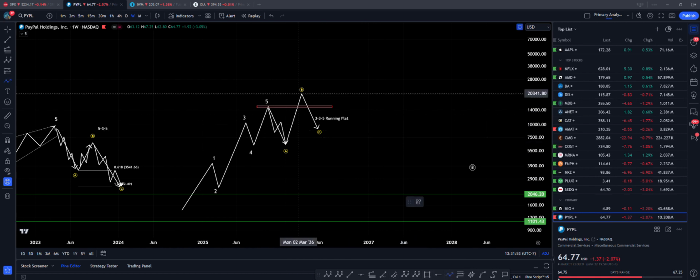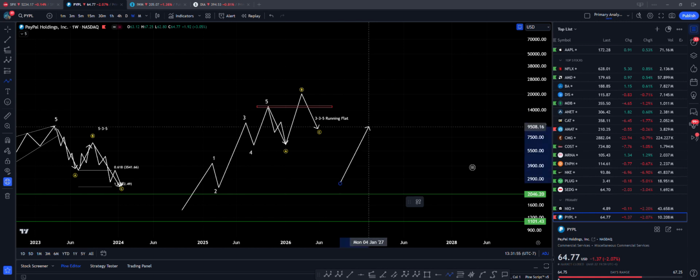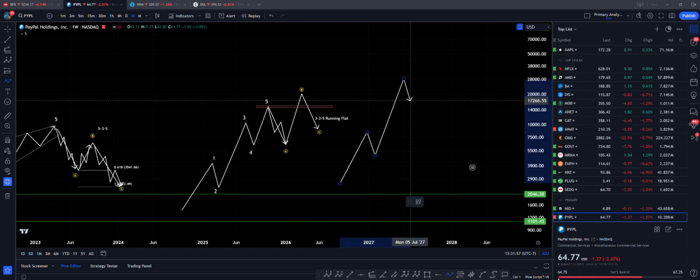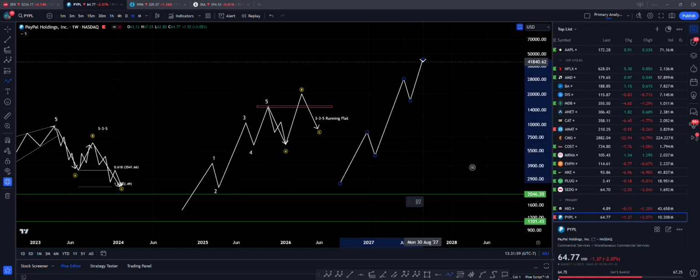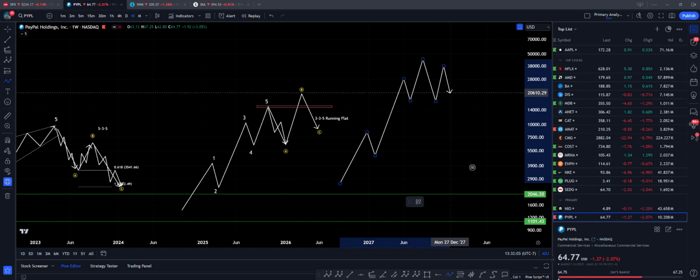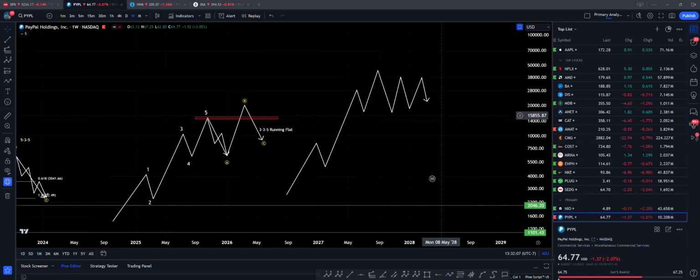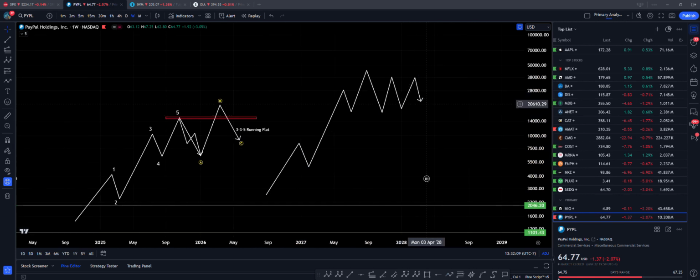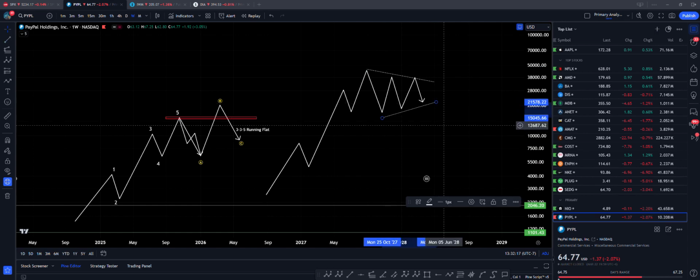Basically, you had this five wave move up, and after the five wave move up, you get into something like this. Let's say a triangle, right? I mean, it was not a five wave move up. It was basically an interim wave.